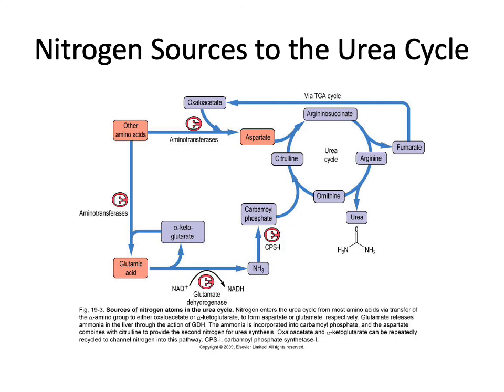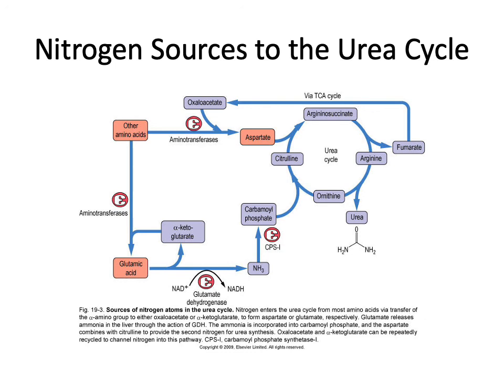One coming from free ammonia that's been cleaved off of glutamic acid to give us alpha-ketoglutarate back. That then is made into carbonyl phosphate, which combines with ornithine to make citrulline.